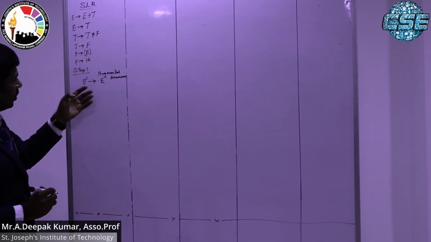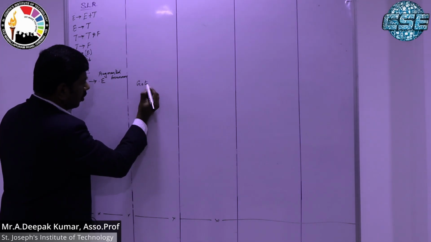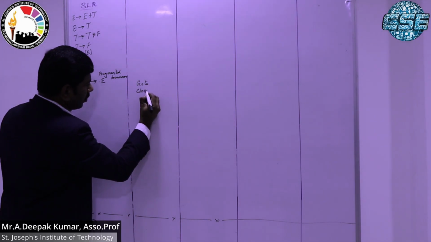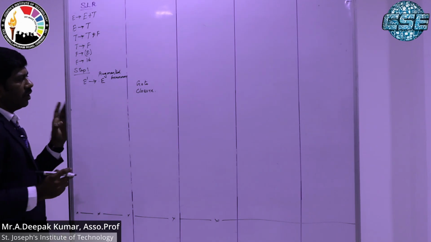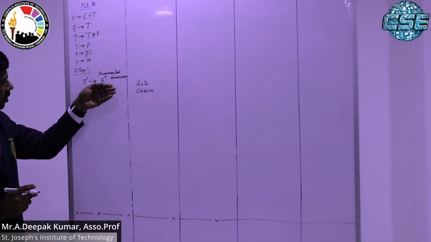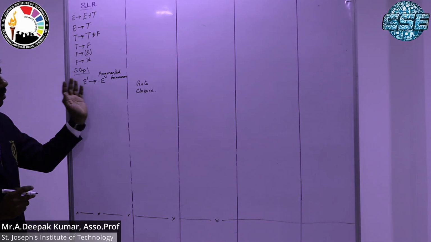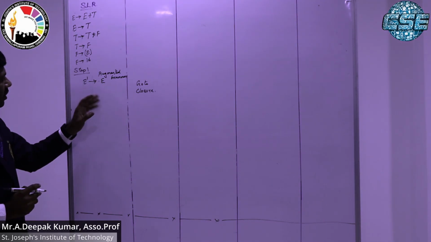Proceeding further, we need to discuss two operations, that is go to and closure. These are the two operations we are going to use in this problem to perform the iterations.